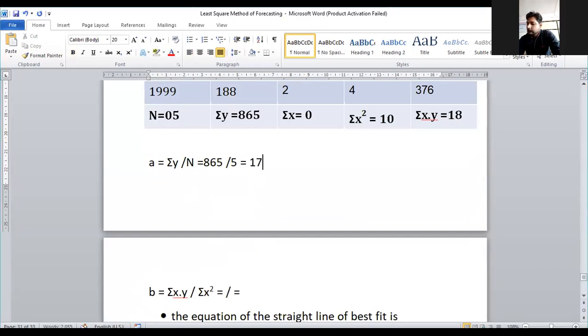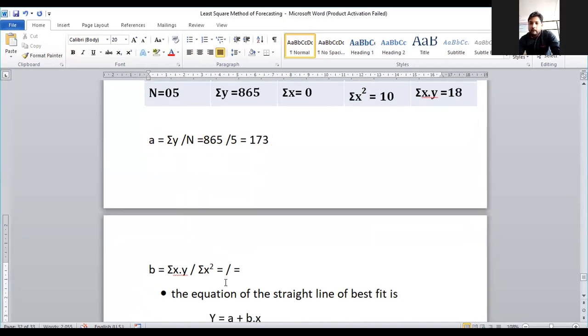Okay. Similarly, the second normal equation for the line is summation of x multiplied by y is equal to a multiplied by summation of x plus b multiplied by summation of x square.